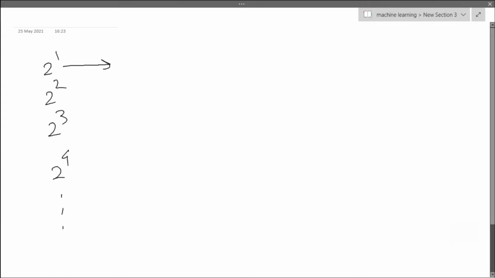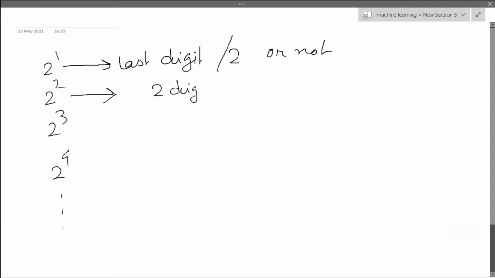To find the divisibility of 2 to the power 1, check the last digit, whether it is divisible by 2 or not. To find the divisibility of 2 square, check the last 2 digits, whether it is divisible by 2 square or not.